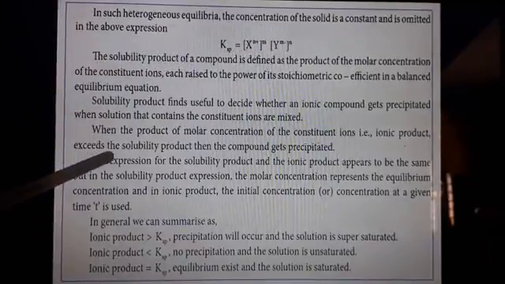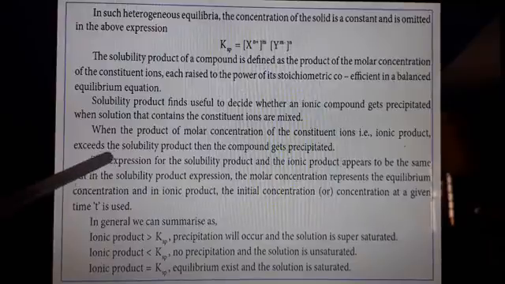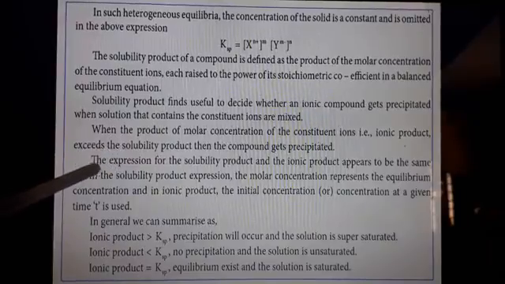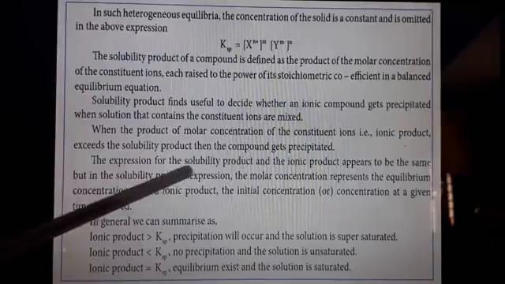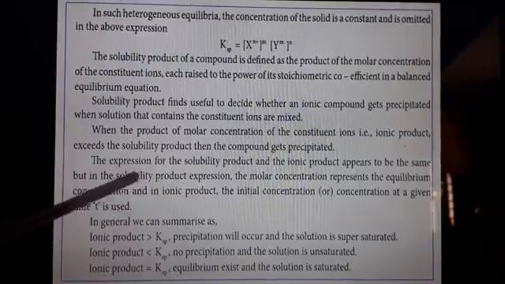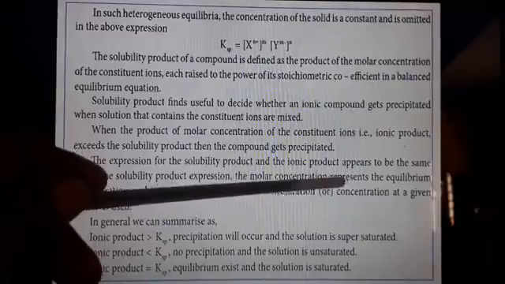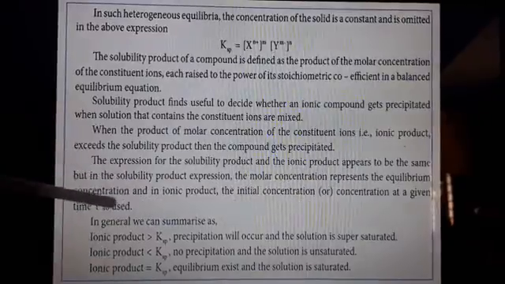Next, the expressions for solubility product and ionic product appear to be the same concept. But what is the difference? In the solubility product expression, the molar concentration represents the equilibrium concentration.